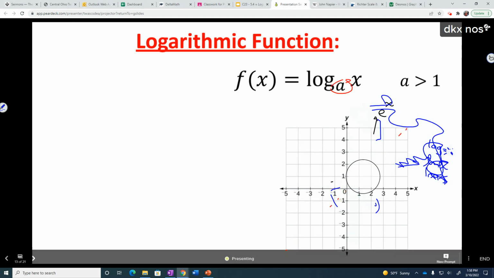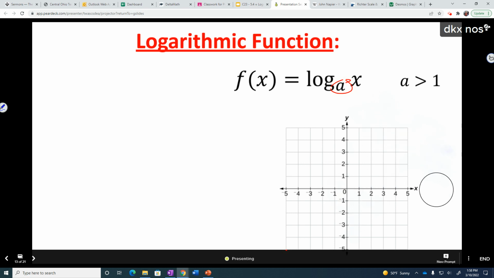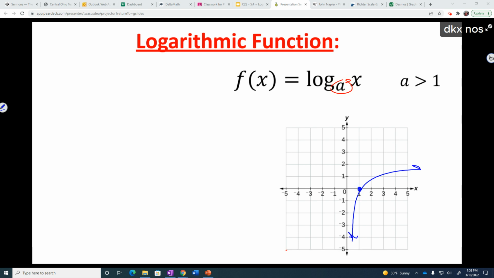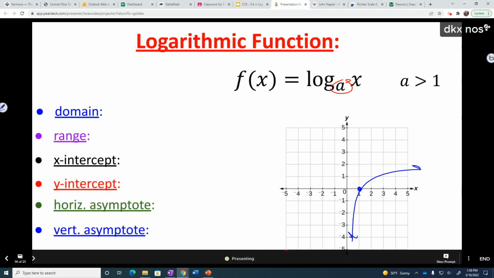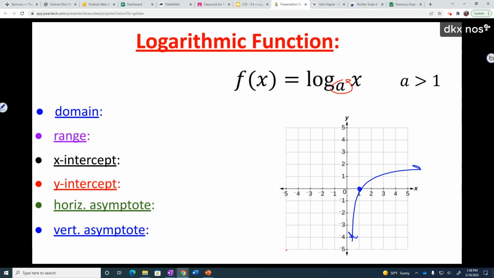Anyways. All right, so the graph looks like this. It crosses here. And we're going to state all the things we always say, like domain, range, all that good stuff. Again, this applies for natural log, or just log, for really anything, log base 3, log base 5, whatever.